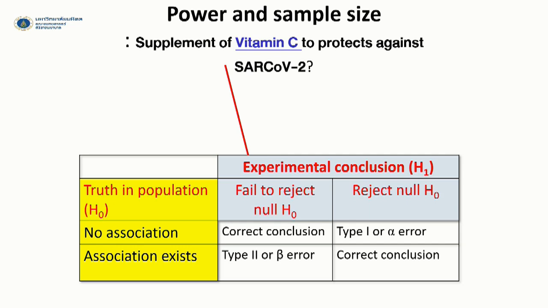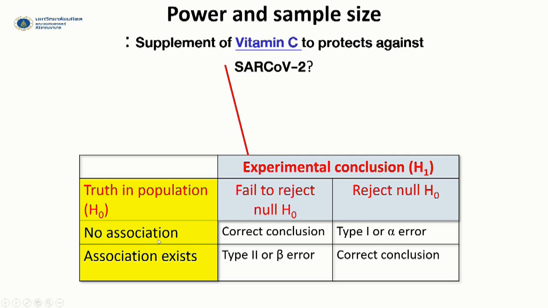For example, if we know that vitamin C works against COVID-19, we put it in the truth of population, but it's different from the null hypothesis that you can name like no difference before.